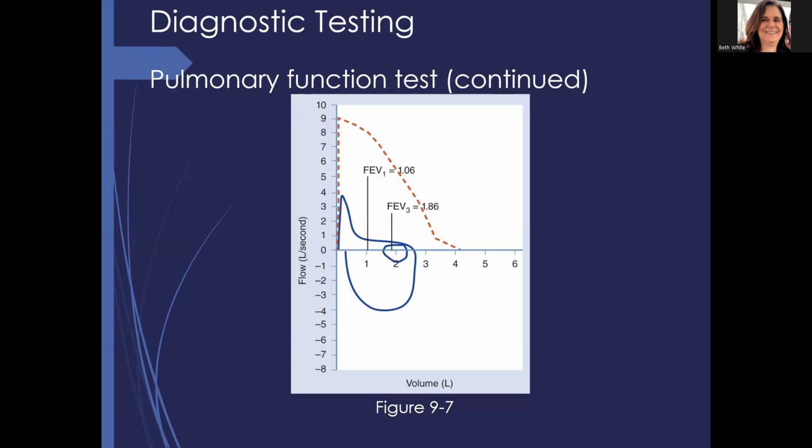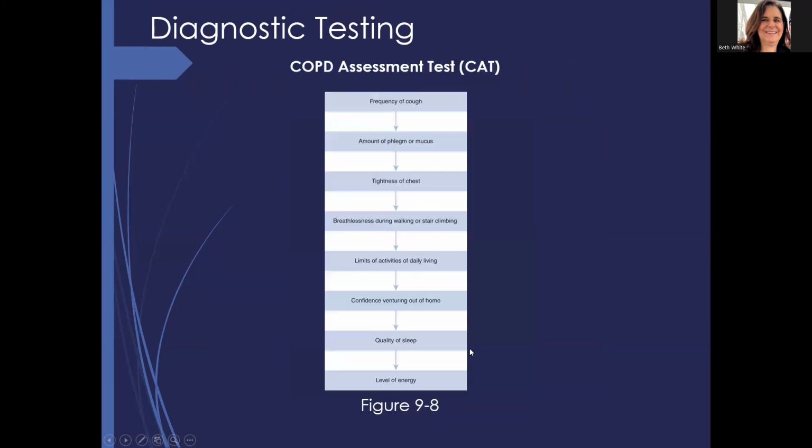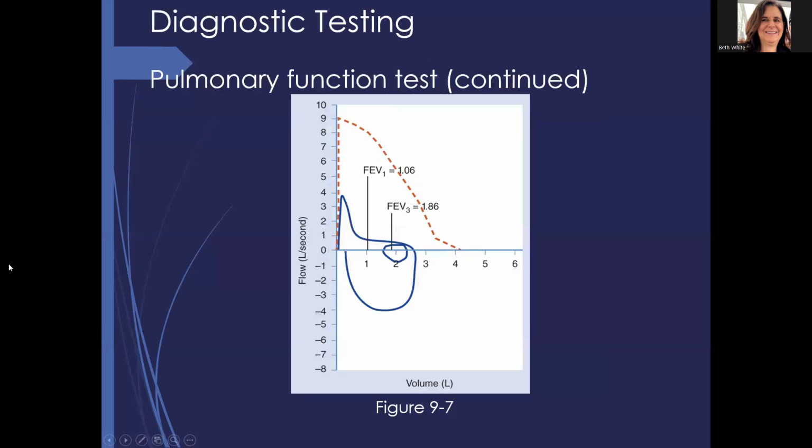Okay, this is the quintessential obstructive flow volume loop. Here in the red, you have a normal flow volume loop. You have inhalation, exhalation, oops, sorry. And then the inhalation would come again at the bottom.